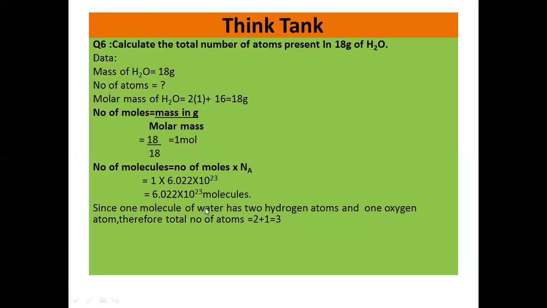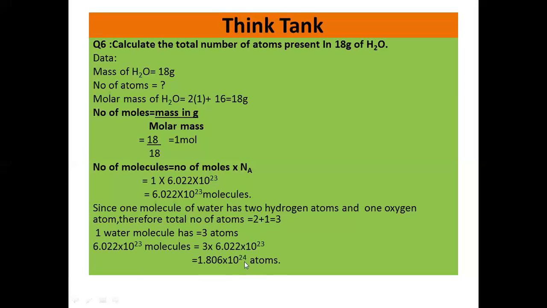If 1 water molecule contains 3 atoms, then how many atoms will be present in Avogadro's number of molecules? 1 water molecule has 3 atoms, so Avogadro's number of molecules will have 3 times Avogadro's number of atoms. That is 1.806 into 10 raised to power 24 atoms.